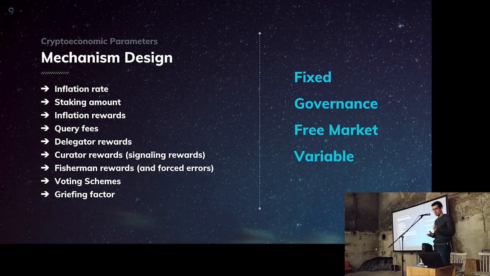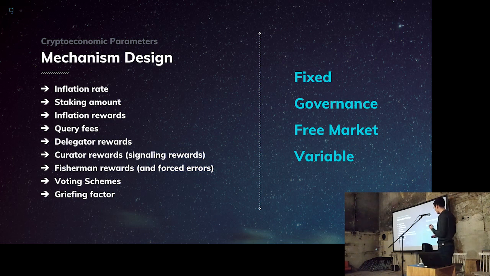You can have them set through free market mechanisms, and so you can think of how Livepeer, for example, only allows 15 or 20 or X validators, and people are competing to stake enough tokens to be in the active validator set. That's a free market mechanism, right? You're not setting at the network level what the staking amount should be. It's this competition that's setting the value.